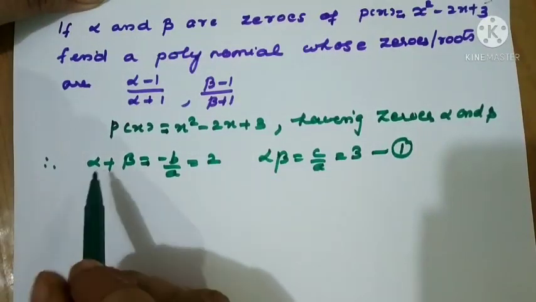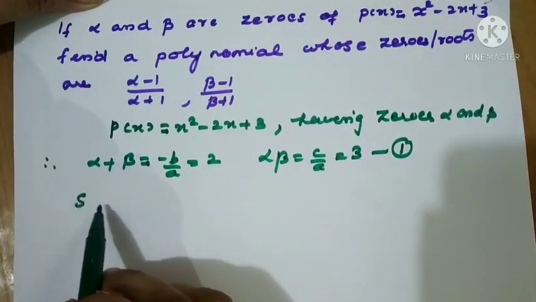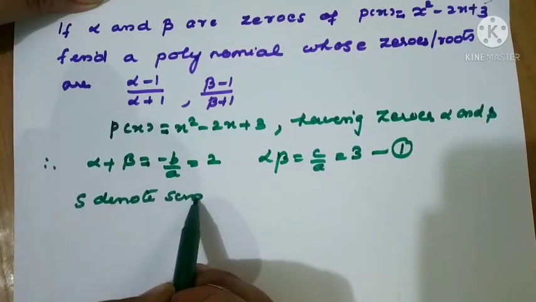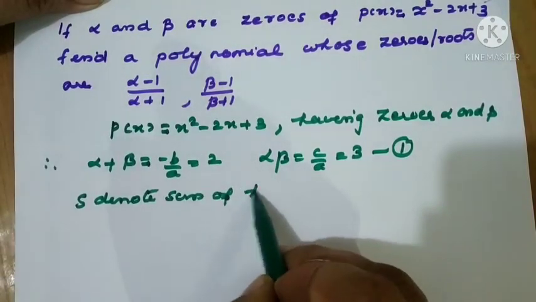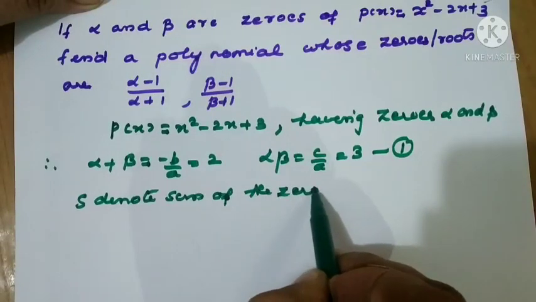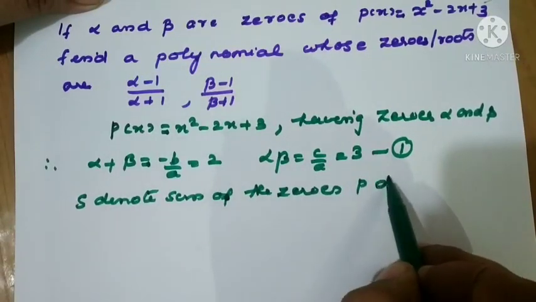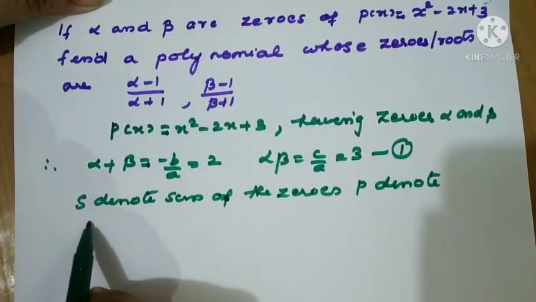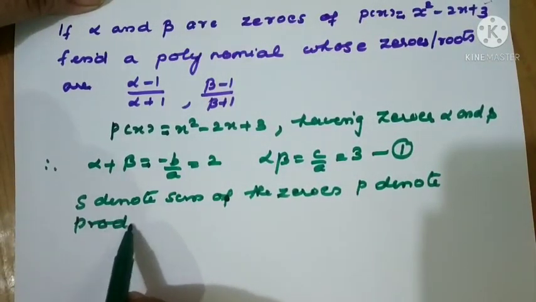Equation number 1. Let S denote the sum of the zeros. P denote the product of the zeros.